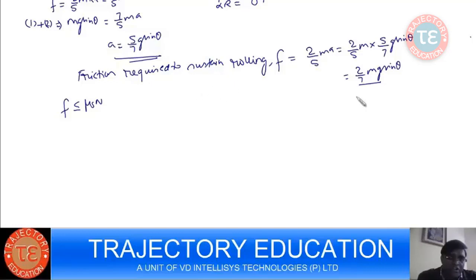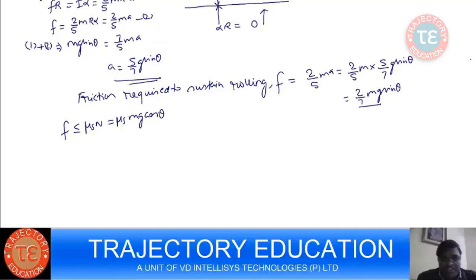So in order to sustain rolling, the friction required must lie within the capacity of the interface. Interface can at max afford this friction, which is mu s mg cos theta. N is mg cos theta from here.